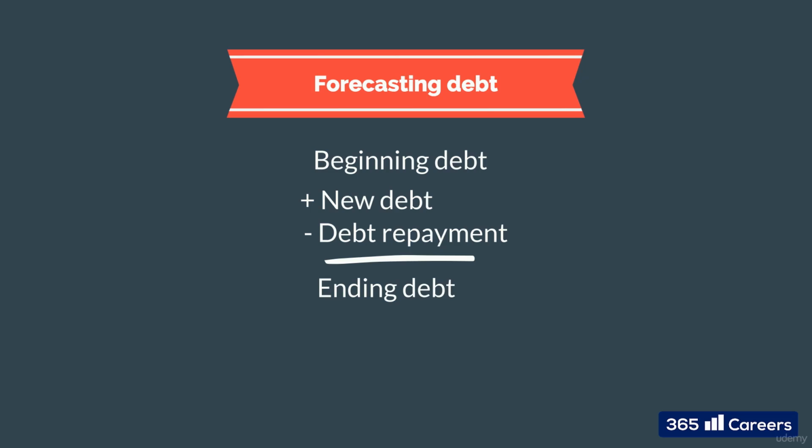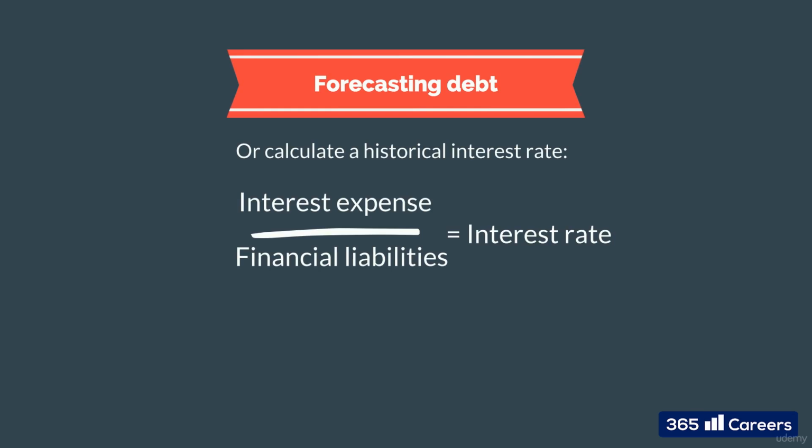To calculate debt repayment, we need to go through the firm's debt facilities and calculate the amounts paid to lenders. Then, once we've done that, we have to distinguish between interest expenses and debt repayment. If we don't have sufficient information to do this detailed breakdown, we can calculate historical cost of debt by dividing interest expenses by financial liabilities, and then use the historical cost of debt for the forecast period.